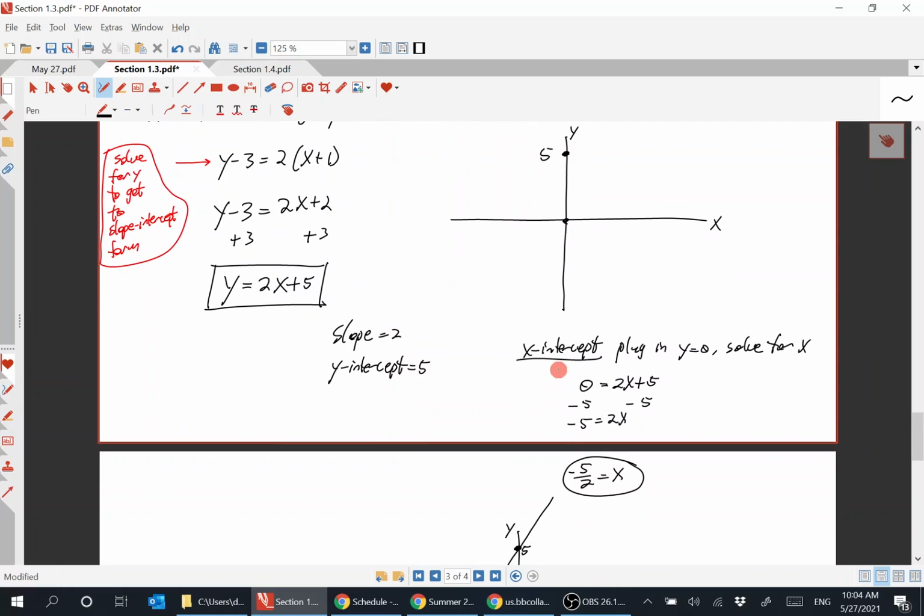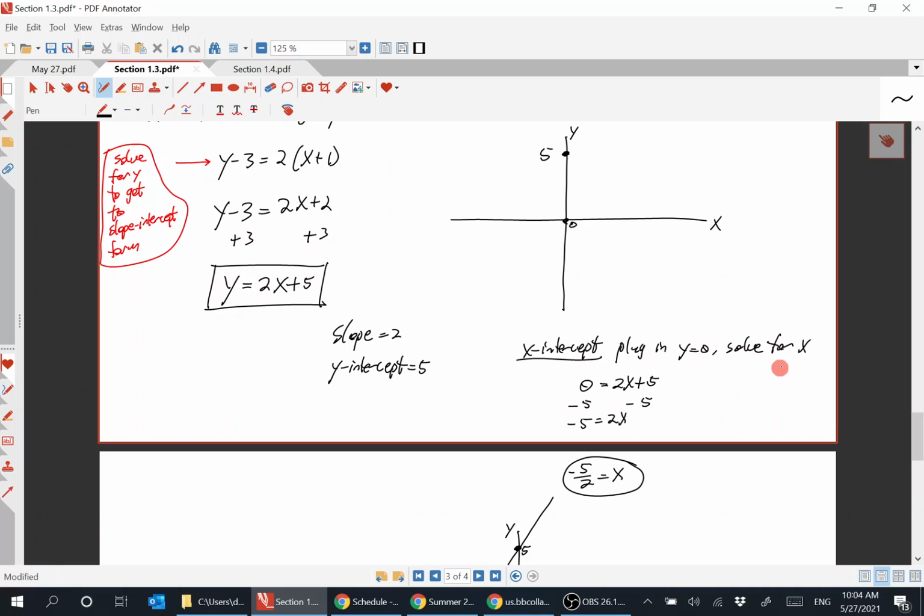Now, to find the x-intercept, so here's the xy axis, and there's the 5. To find the x-intercept, just plug in y equal to 0 and solve for x. So along the x-axis, the y-coordinate is 0. The x-coordinate is 0 along the y-axis.